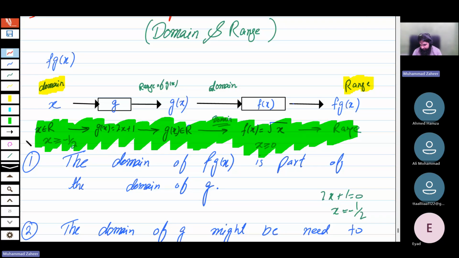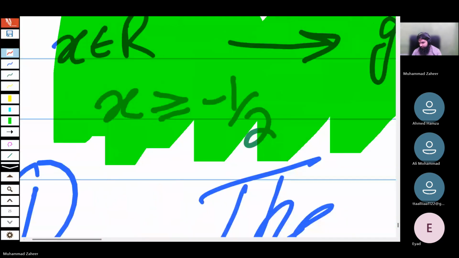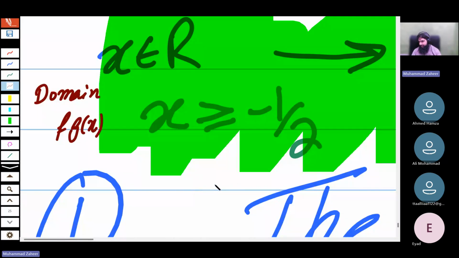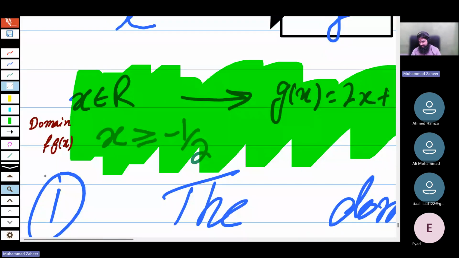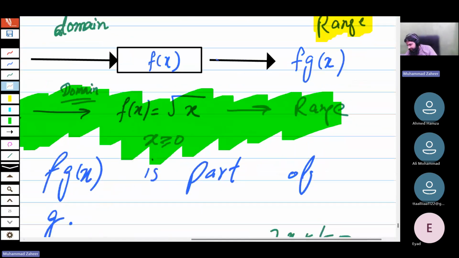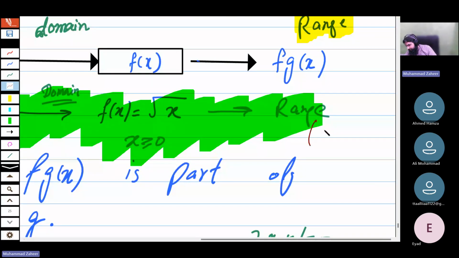So this is the domain of g of x, and the output range is the range of f of g of x.